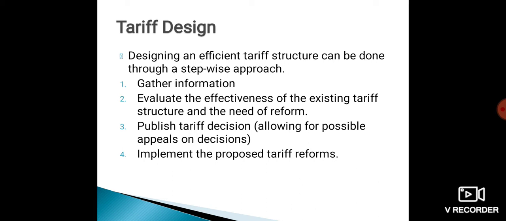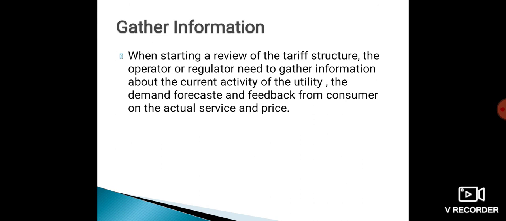In the third step, we will publish the new form of tariff and take the appeals on the new structure from each and every person of the committee. And in the fourth step, we will implement the proposed tariff structure. So in these four steps, we have divided the tariff design structure. Now one by one we will go through each and every step.